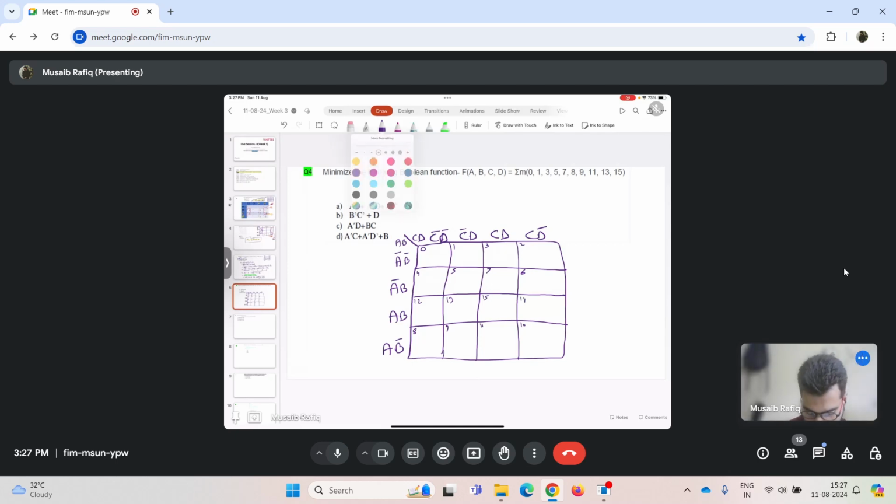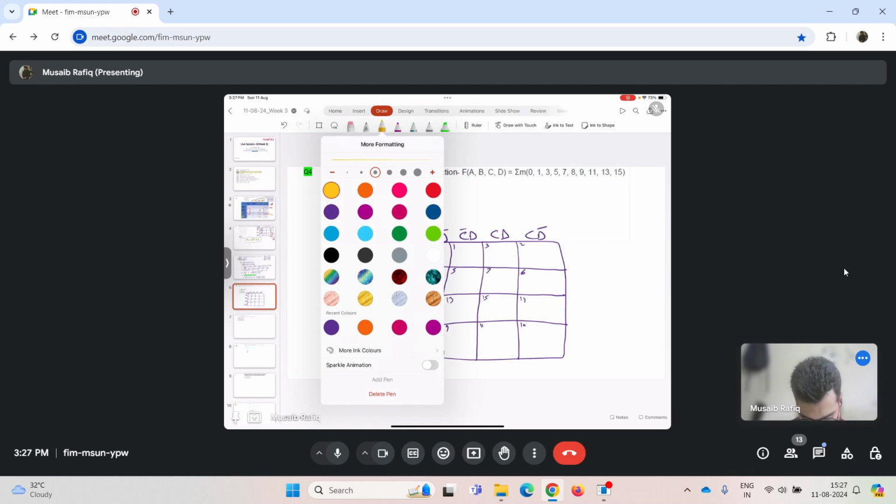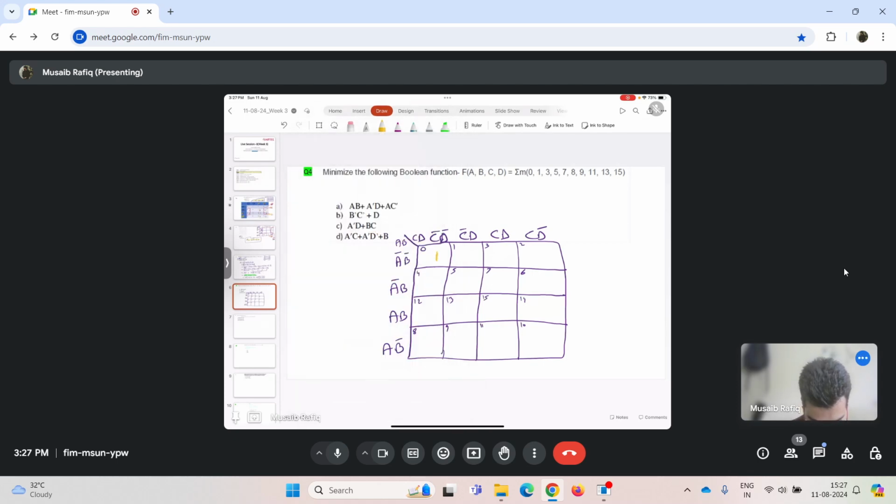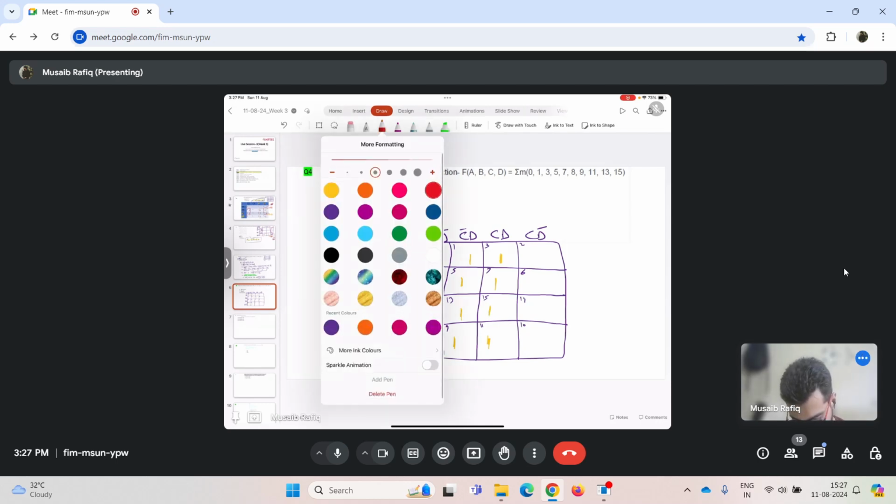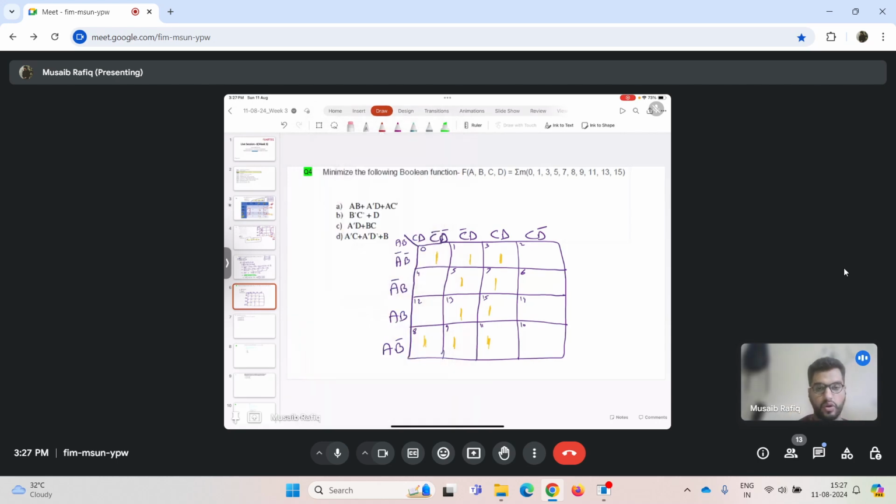Now I will write the min terms that are 1. So it's 0, 1, 3, 5, 7, 8, 9, 11, 13, 15. So these are my min terms. Now I'll look for an octet, whether I can construct an octet.